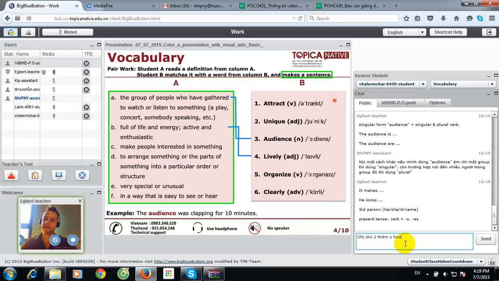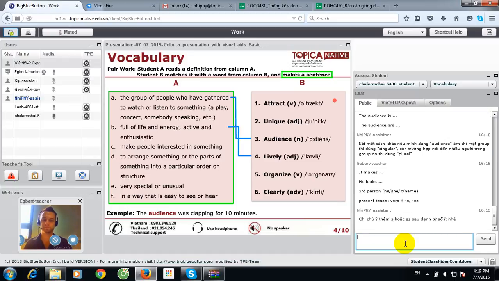Yes. All right, and then Chalamchai, for you, definition C. Make people interested in something. Which attracts. To attract, correct. And then Leng, please make a sentence with attract.